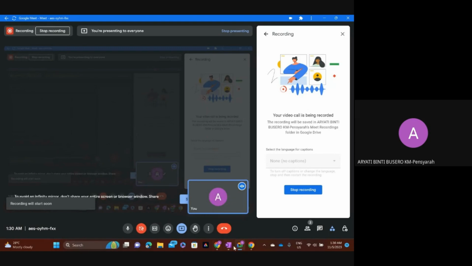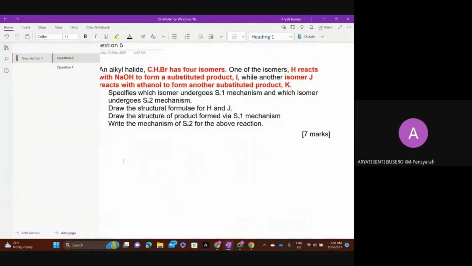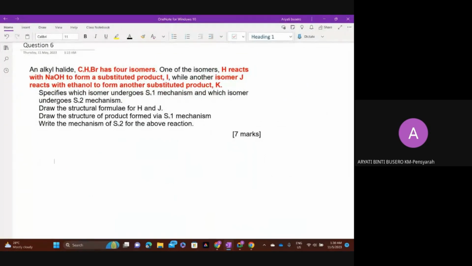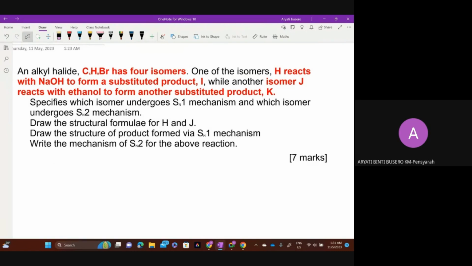Okay, Assalamualaikum warahmatullahi wabarakatuh. So now I will discuss question number 6 for SMARTCHEM. So if we write the question, an alkyl halide C4H9Br has 4 isomers.